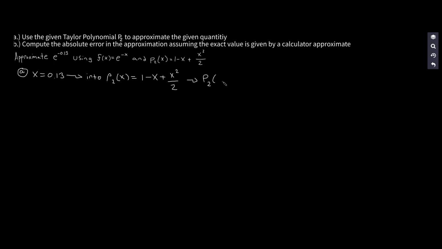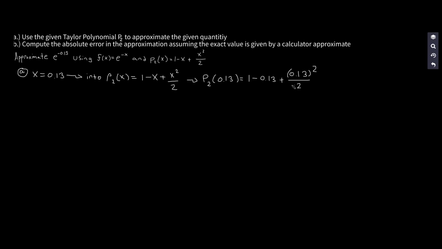P sub 2 of 0.13 equals 1 minus 0.13 plus 0.13 squared over 2.